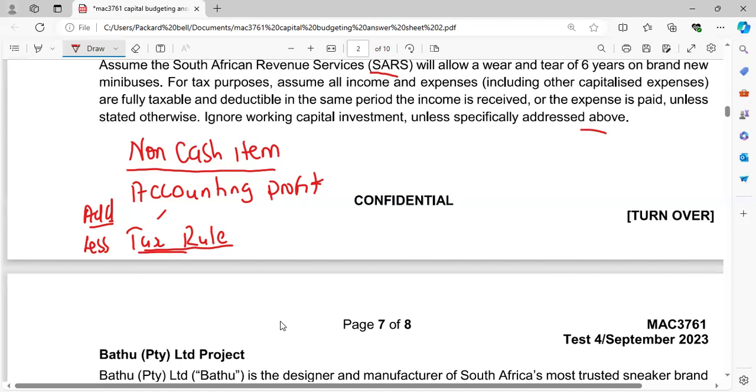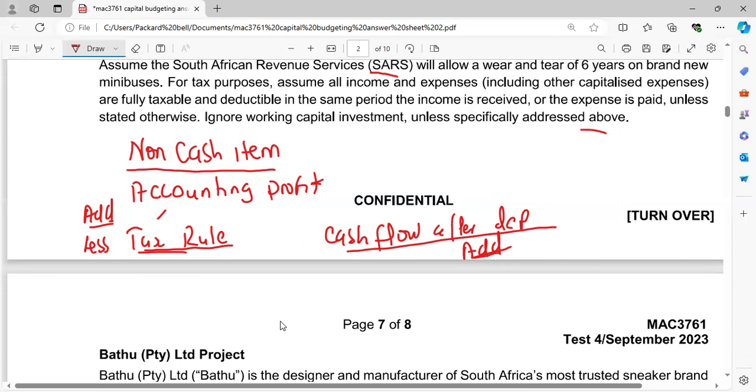But if the question says, let's say they give you cash flow after depreciation, it means for this capital budgeting that depreciation is a non-cash flow. Then you need to add it back. You have to add it back. Even for your calculation for tax, you need to add it back and subtract the capital allowance.